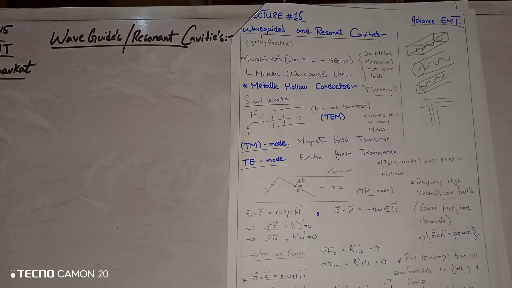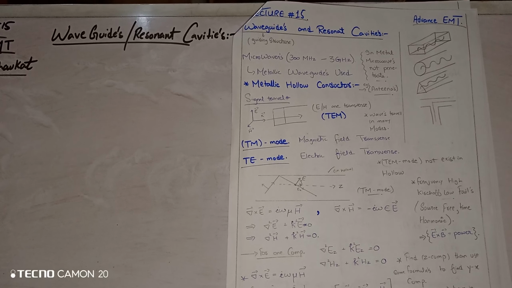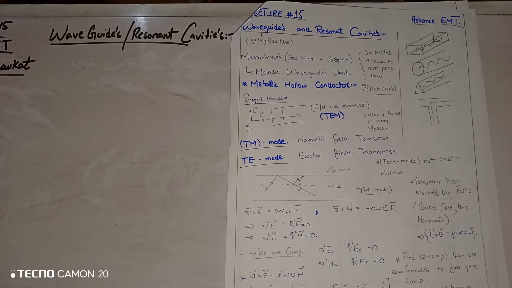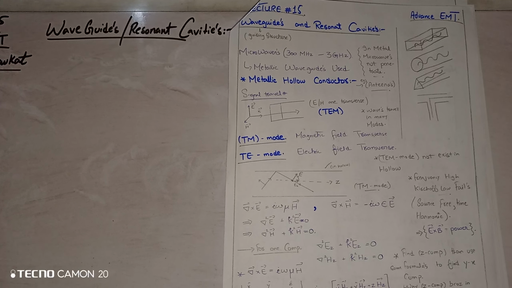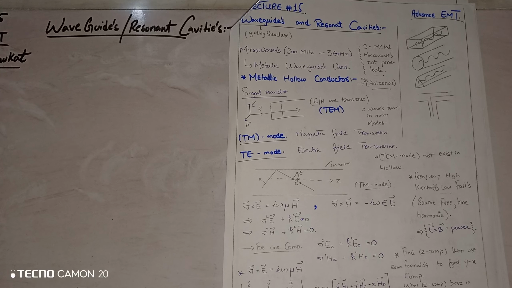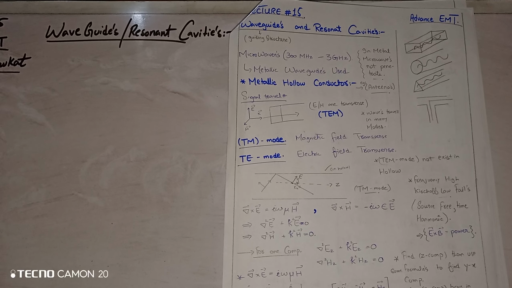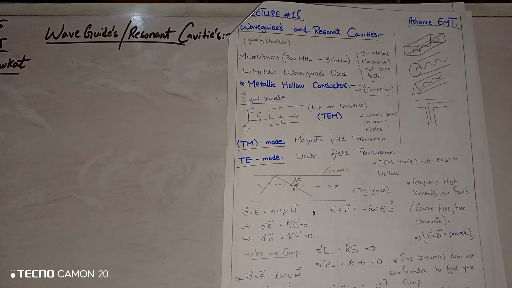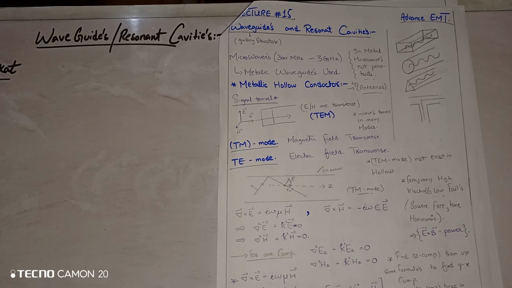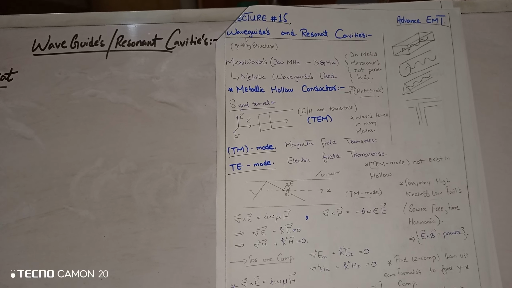We can minimize our loss by using metal waveguides when we are using microwaves, because microwaves are high frequency. In metals, microwaves do not penetrate, so there is less energy loss, meaning less loss of field waves.